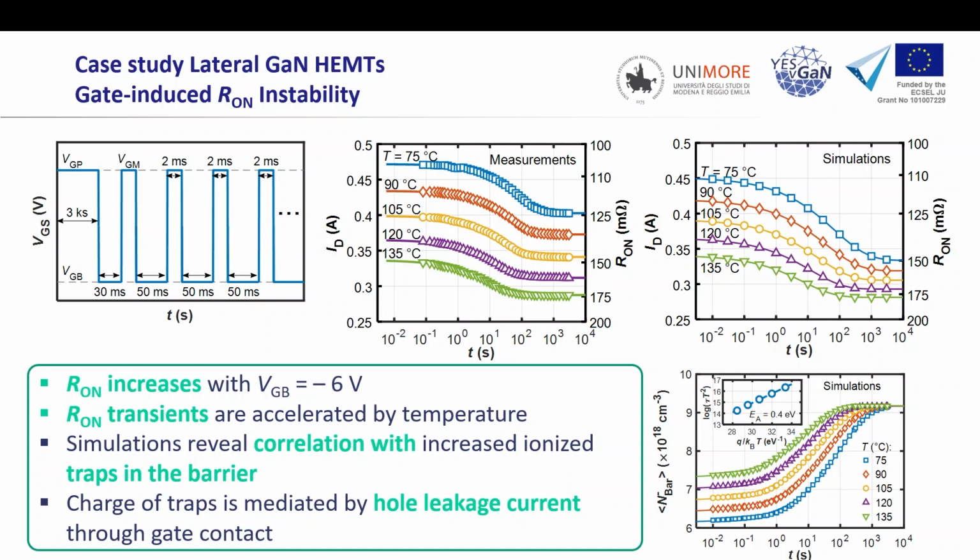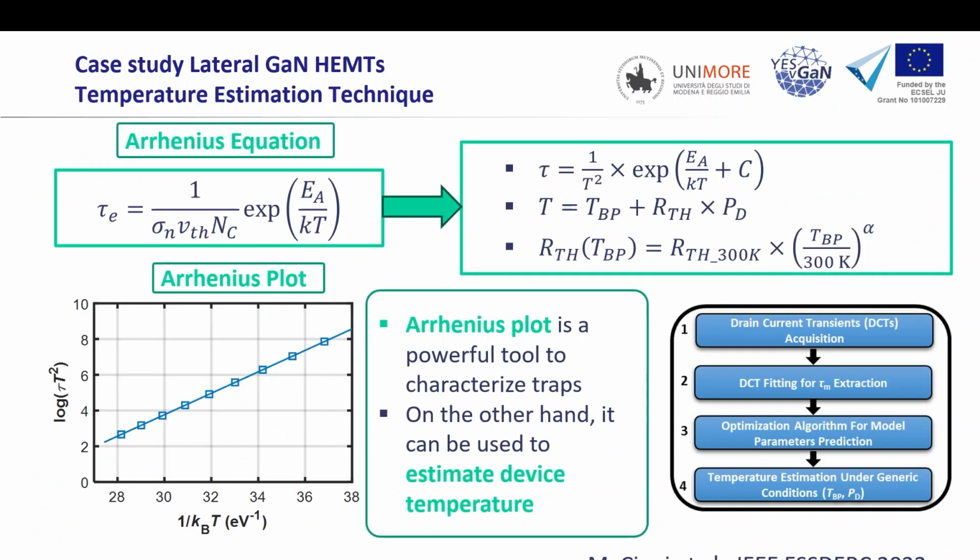This is the negatively charged traps that is increasing, so it correlates very well with the decrease in the current. Okay, so in this case it would be the hole leakage current that is limiting this effect, but also the trapping that is happening in the barrier. This work I submitted to this conference, and I will present it later in October.